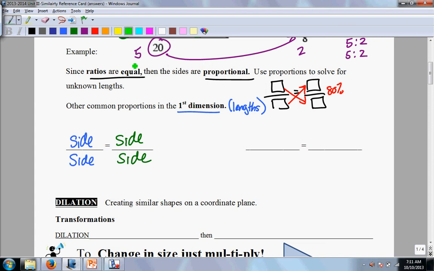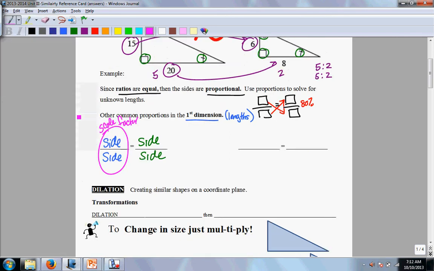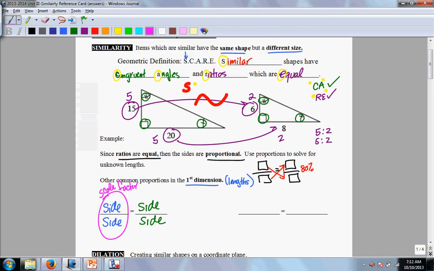A common name for the comparison of the sides that are reduced to the lowest is called scale factor. So for example, up here when we took the 15 and 6 and reduced it, that would be called the scale factor, the side-to-side ratio reduced.